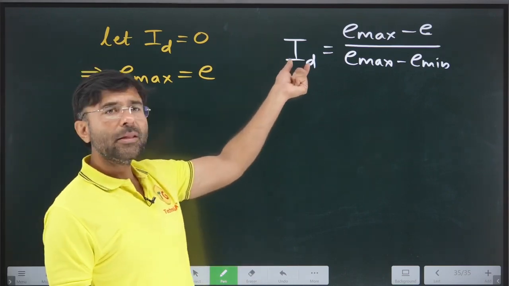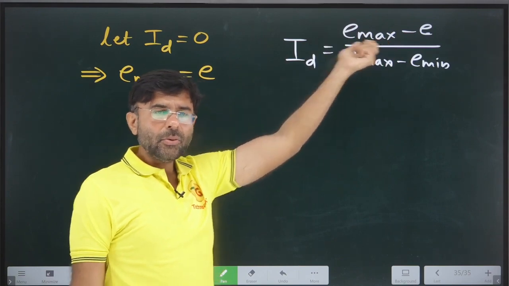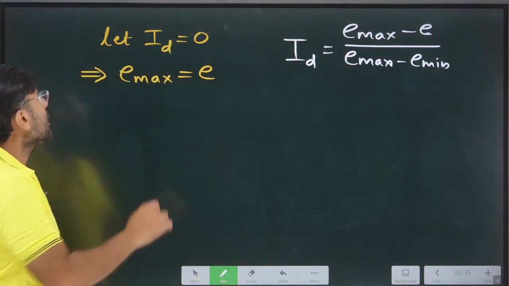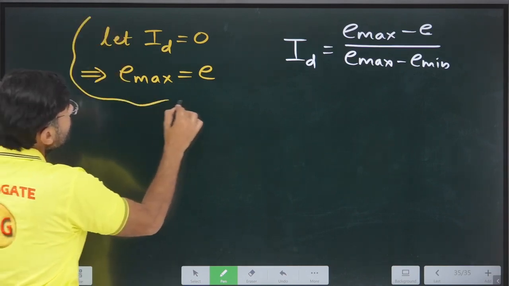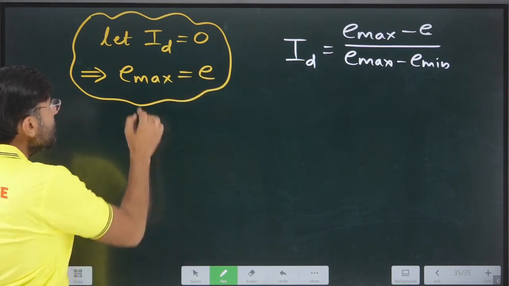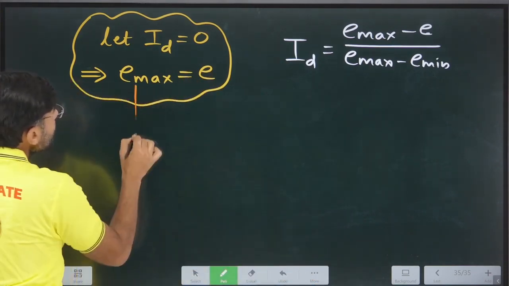If this ID is 0, that means the numerator is 0, and if the numerator is 0, that means E maximum will be equal to E. What is the meaning of this thing? If E maximum is E, what was E maximum?